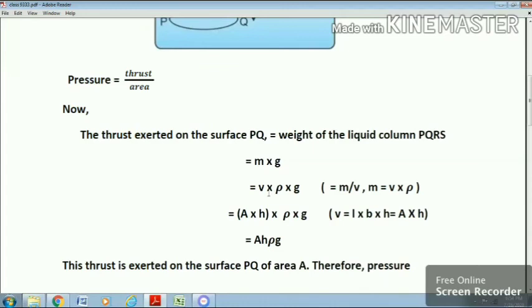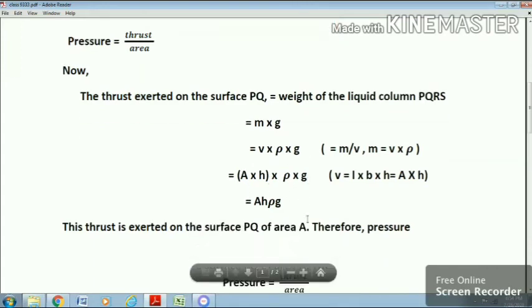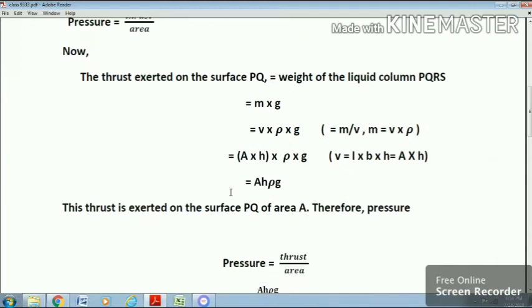Now again, volume is equal to length into breadth into height. In place of length into breadth we can write area, so area into height in place of V, and density and g as it is. So it becomes area into height into density into acceleration due to gravity.